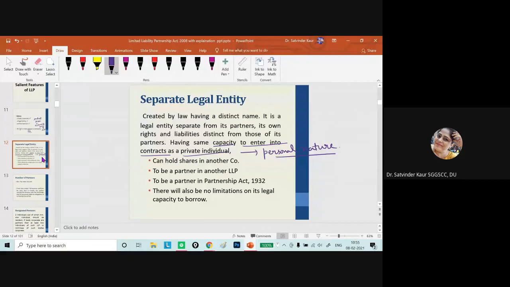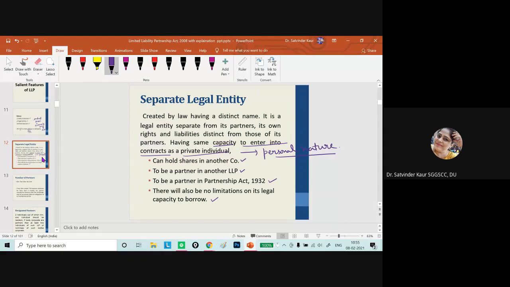It cannot happen. So other than personal-nature tasks, it can enter into contract as a private individual itself. It can hold shares as an investment in another company. An LLP can be a partner in another LLP. It can be a partner in a partnership. It can take a loan from the bank, buy property in its own name.